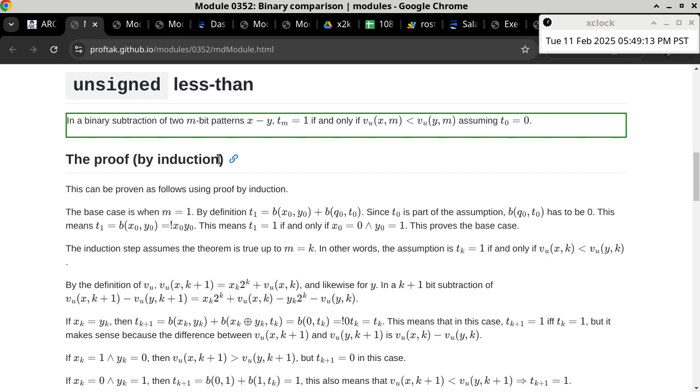So there's a whole lot of notation. The only way to understand the notation is to read the module. So without reading the module, coming to the class may not be the best strategy.